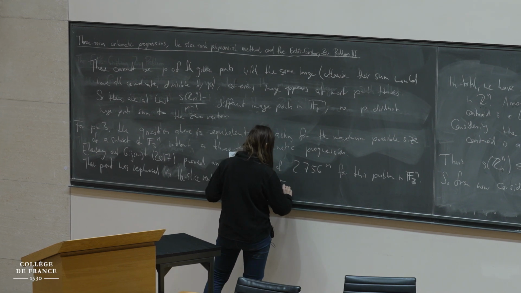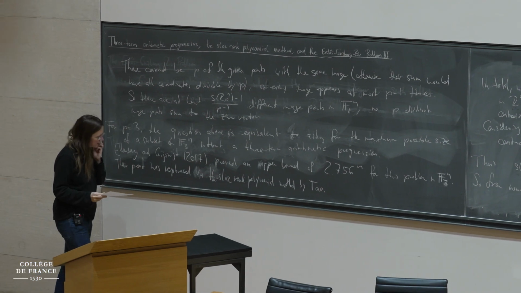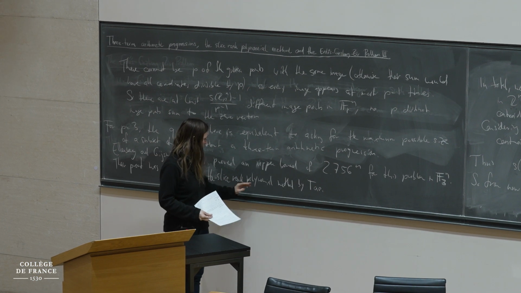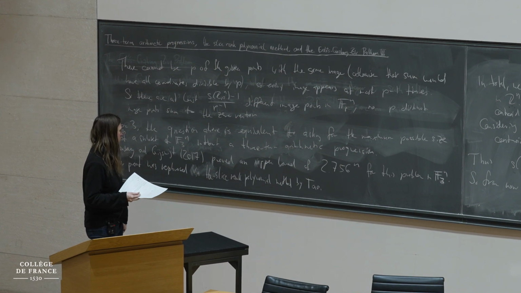So Ellenberg and Gijswijt had this proof, and then a few weeks later, Tao reformulated and generalized this proof via what is now called the slice rank polynomial method, and that's what we saw in the previous lecture.